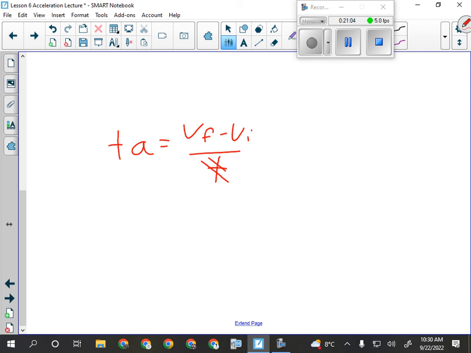Let's just look at this formula and understand why this manipulation makes sense. T times A equals the change in velocity. Everybody okay with that logic? Now I'm going to add VI over to this side. My initial velocity plus the change in velocity should equal the final velocity, yes?